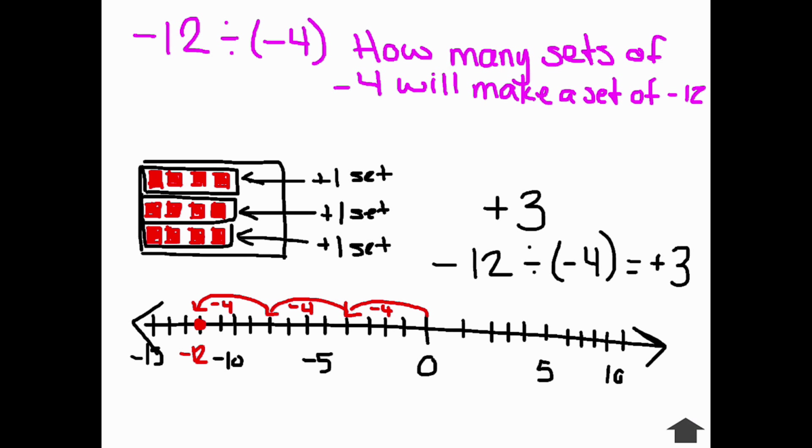Because I'm trying to get to -12 and I'm going in the negative direction, unlike the previous example, we are adding the 3 sets to get there. Before we were subtracting positives, this time we're adding negatives to get our negative. So our answer once again becomes positive 3 because we added the 3 sets of -4 to get to the 12.